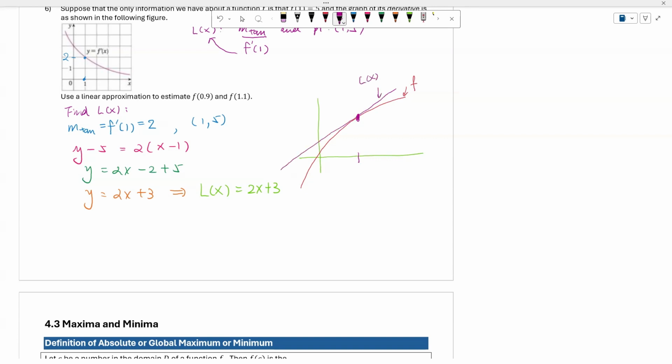This is my L of x equal to 2x plus 3, the linear approximation at x equal to 1. Now I would like to evaluate f of 0.9 and also f of 1.1.